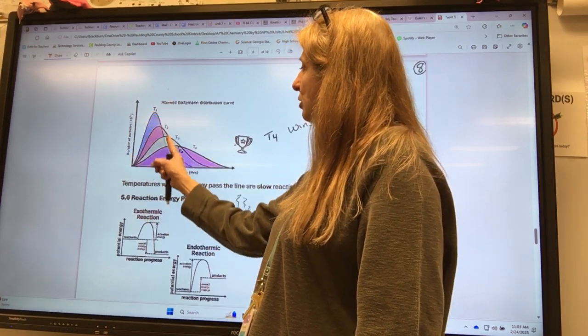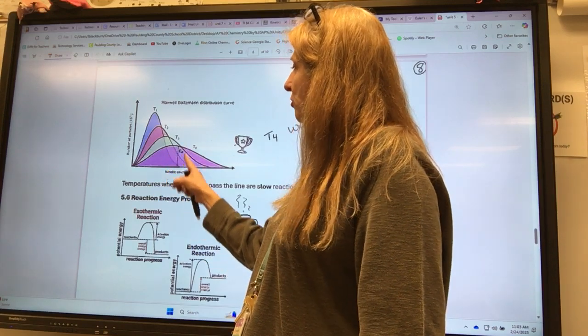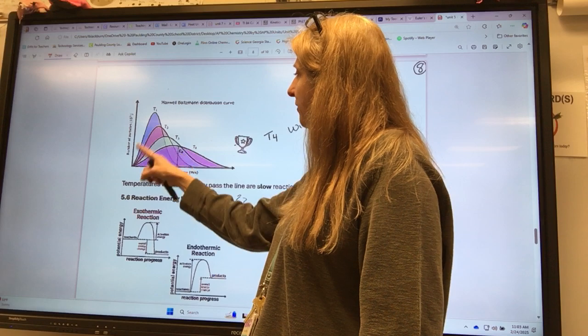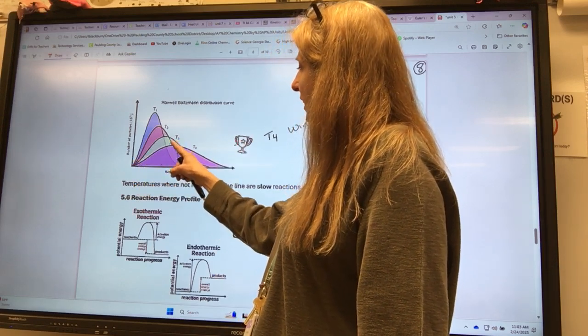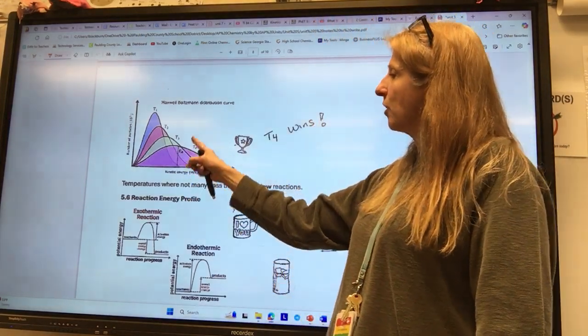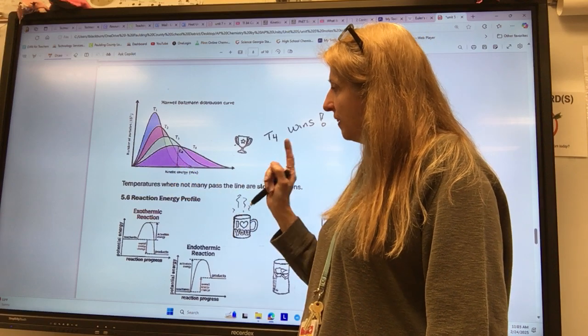Notice that down here at temperature 1, nothing gets to react. Nothing makes it to the energy of activation. Temperature 2, a little bit makes it past. Temperature 3, more. But the one that has the most reacting, the fastest one, is temperature 4. Why? Because more of it is past the line for energy of activation.